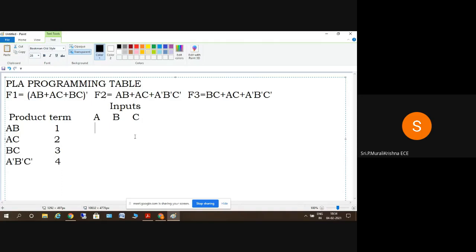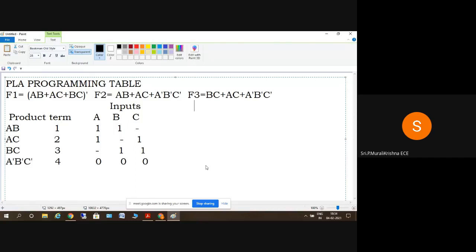So in this case, for AB, I'll put 1 for A, 1 for B, and a dash for C. For AC, there is no B term, so a dash for B, and 1 for A and C. For BC, there is no A term, so put a dash, and 1 and 1 for B and C. And here all of them are zeros because all of them are in complement form: 0, 0, 0. So this is the second step.